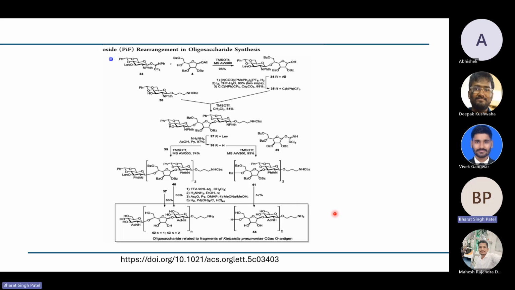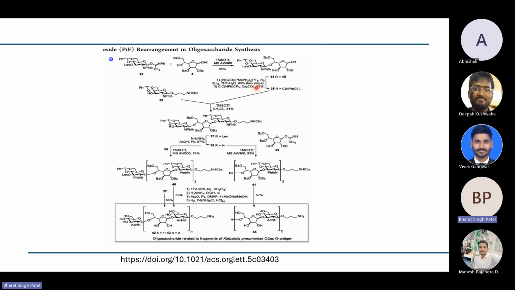They undertook another pentasaccharide antigen, where they started again with the C4 pyranoside, and they have taken the TCA of the protected glucoside, and after glycosylation with the TMS triflate, they got this disaccharide, and this R was the allyl group.